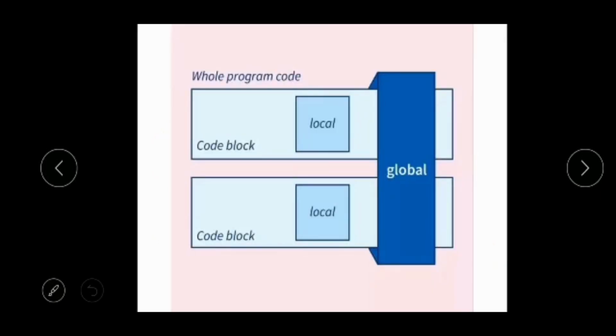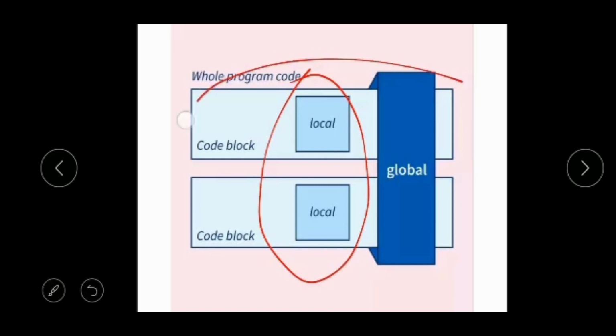Here's an example of local and global variables. As you can see, local variables can only be accessed inside the function, while a global variable can be accessed in the entire program. I just showed this example to make it clearer what local and global variables are.